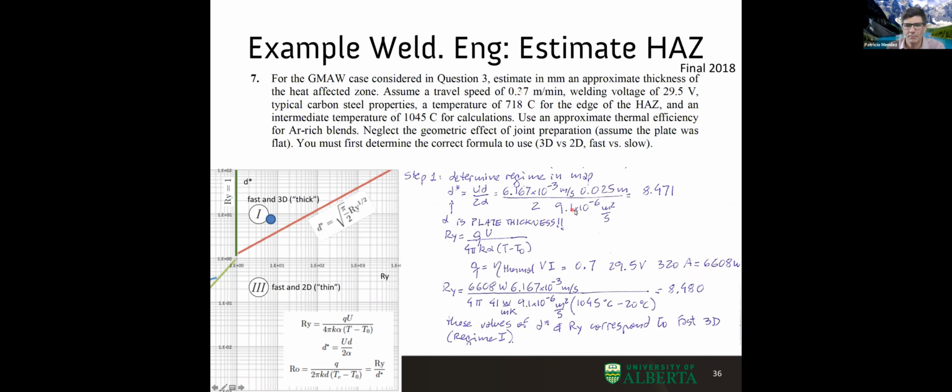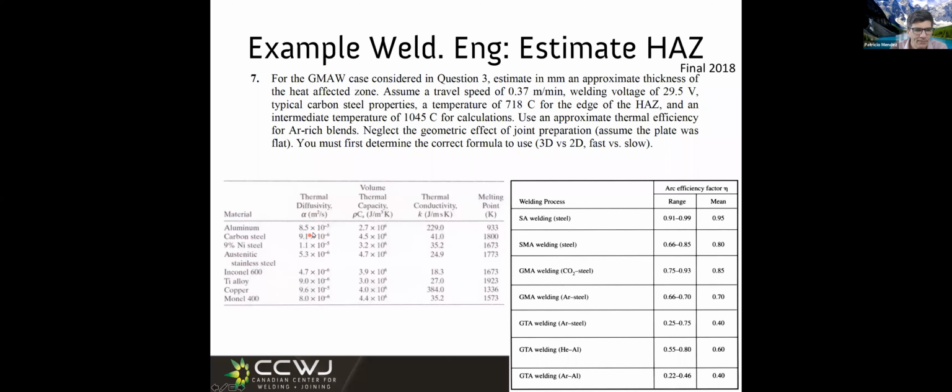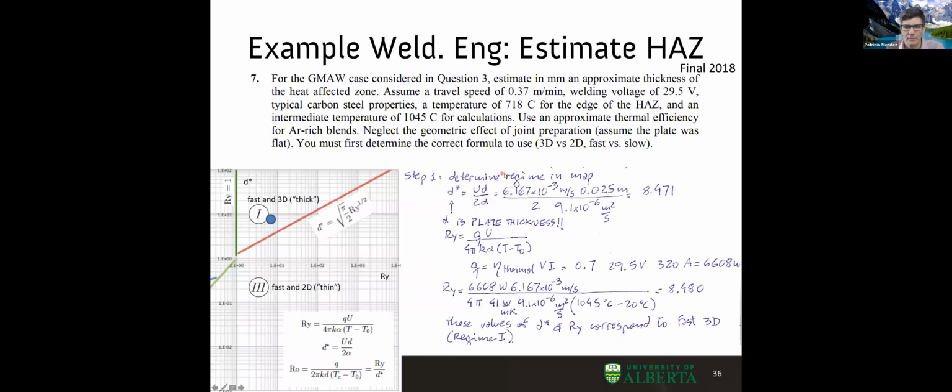Then 2 alpha, with alpha 9.1 times 10 to the minus 6 for carbon steel. In the final of 2018, it was complete, except for the thickness, we have everything. We calculated this dimensionless number, 8.471, whatever it is.